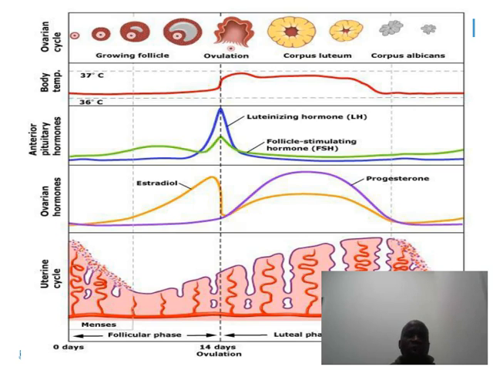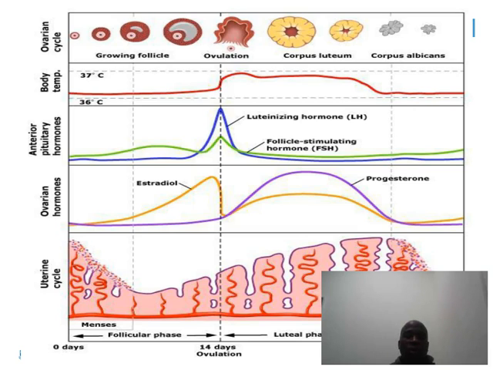And in terms of body temperature, at this stage, the body temperature slightly increases. Also, in terms of anterior pituitary hormones, you can see that luteinizing hormone and follicle stimulating hormone actually increase at this period.